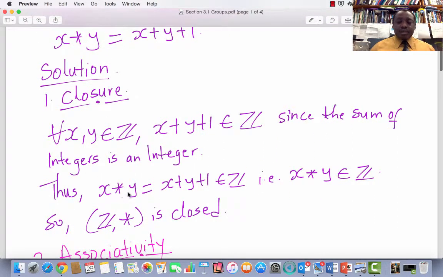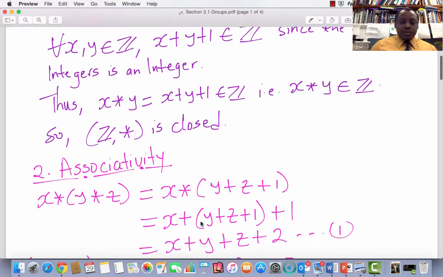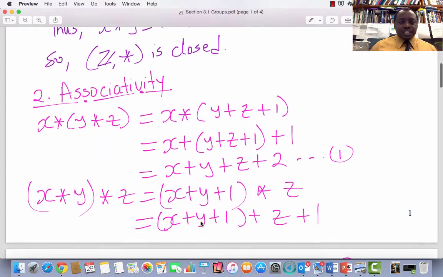Therefore, x star y, which is actually x plus y plus 1, is in Z. In other words, for every x, y in Z, x star y is also an element in Z. So we say that Z under the operation star is closed. Condition 1, verified.